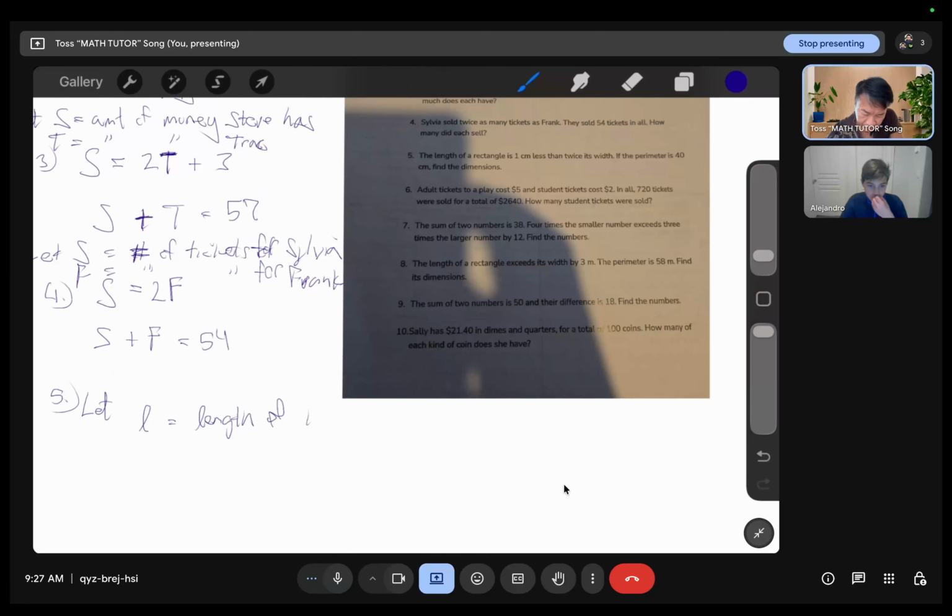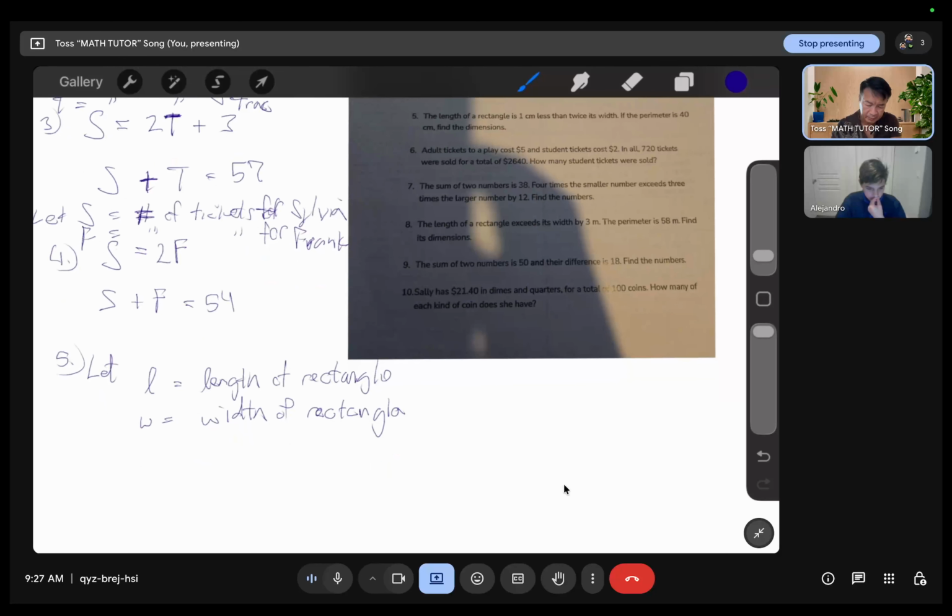You don't need to write the article, the "a" or the word "the", but you could. And then W for the width of the rectangle. You don't have to write the word "the", and you don't have to write "a" either.